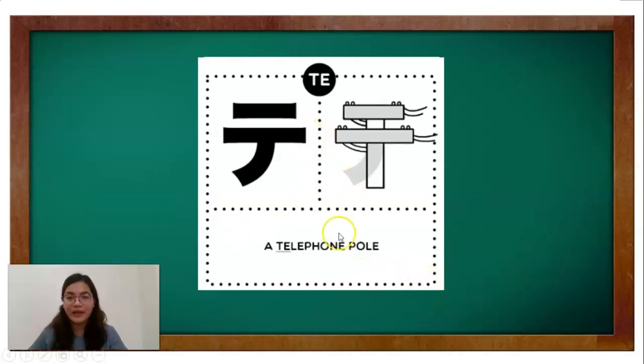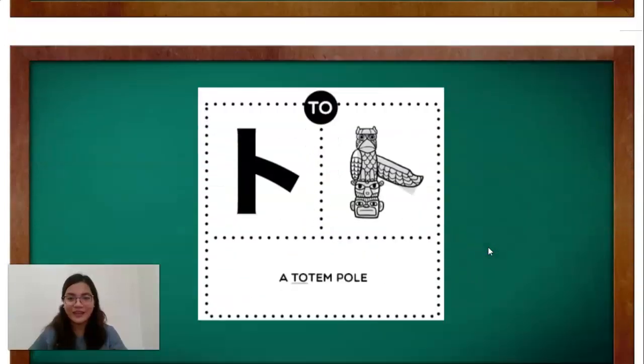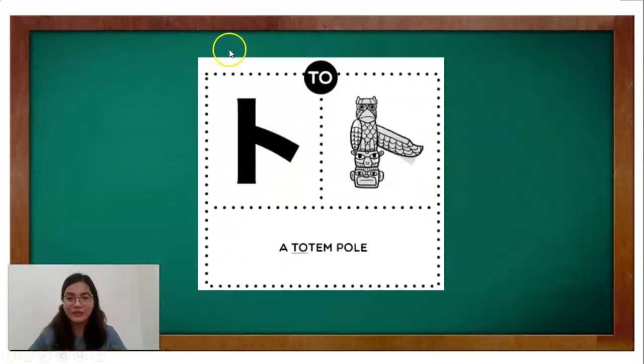So te as in telephone. And last for this row is to. A totem pole. So to as in totem.